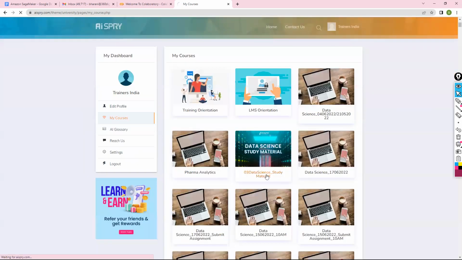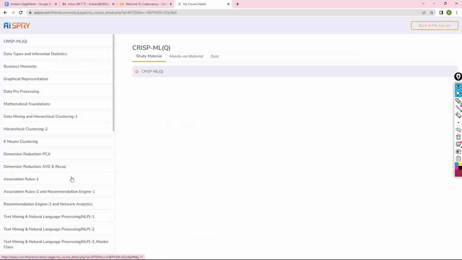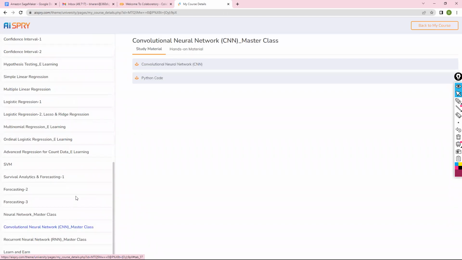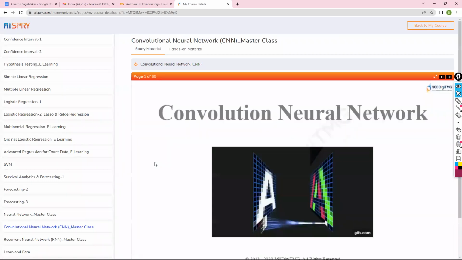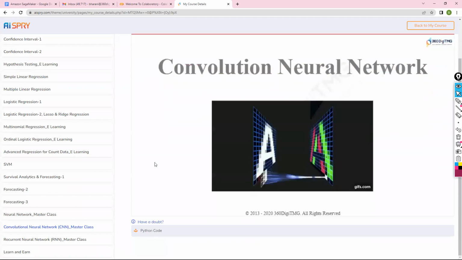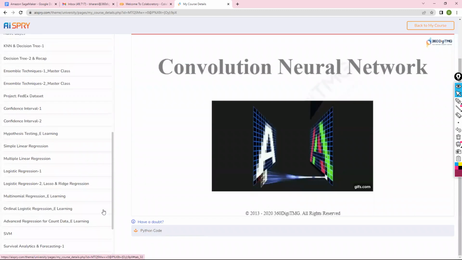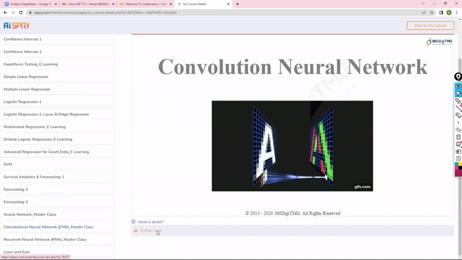Okay, and here, let me go to the slides, and we have convolution neural network. You have all the CNN related slides. Obviously, it should be there. Why is it not showing up? Yep. We have the data and we have the Python code. Okay, so let me download the Python code.